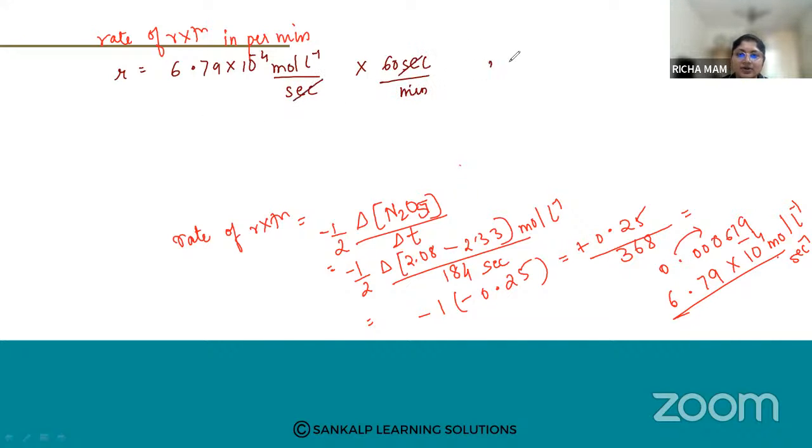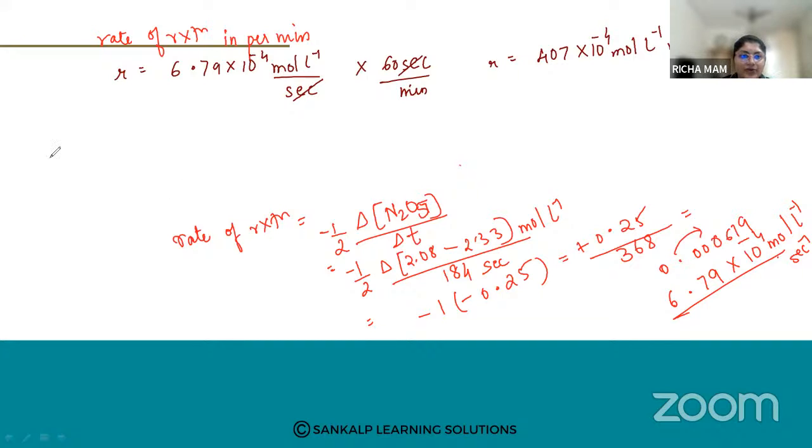So rate is equal to, calculate now, 6.79 into 60, it is 407. So 407 into 10 raised to minus 4 mole per liter per minute. So this is in terms of per minute.